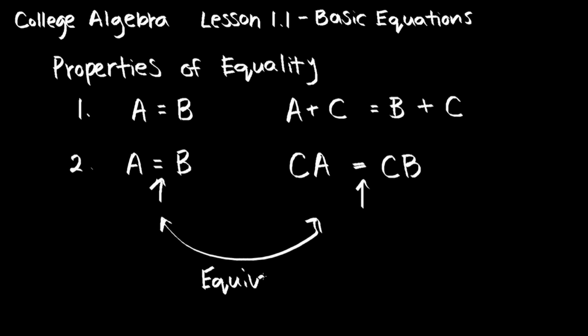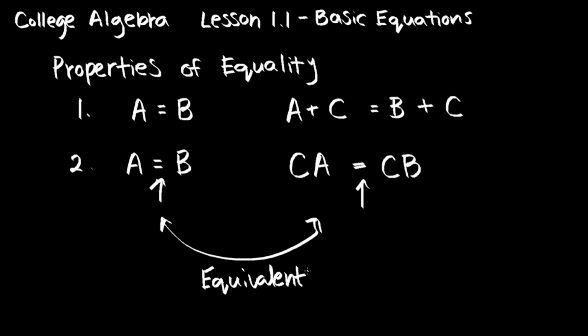And just like I previously said with the addition property, it's the same with this multiplication one. CA would not be equal to just B, right? Multiplying on one side wouldn't work if you don't do it on the other.